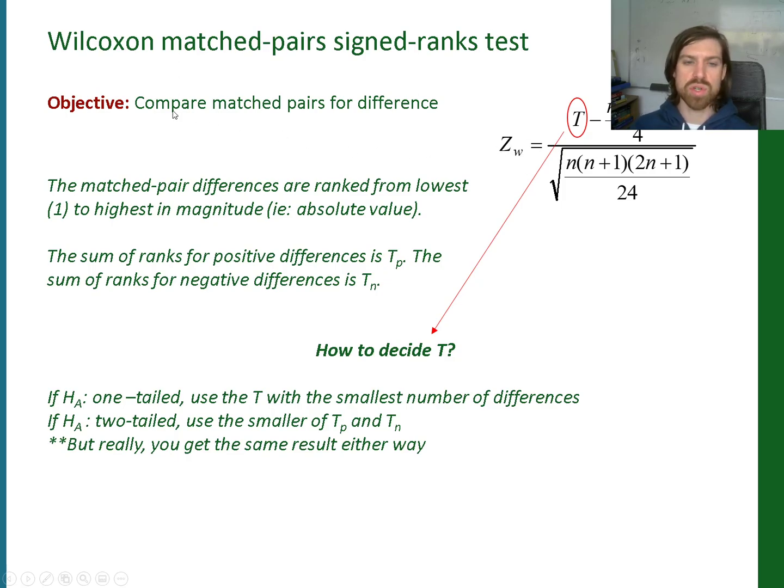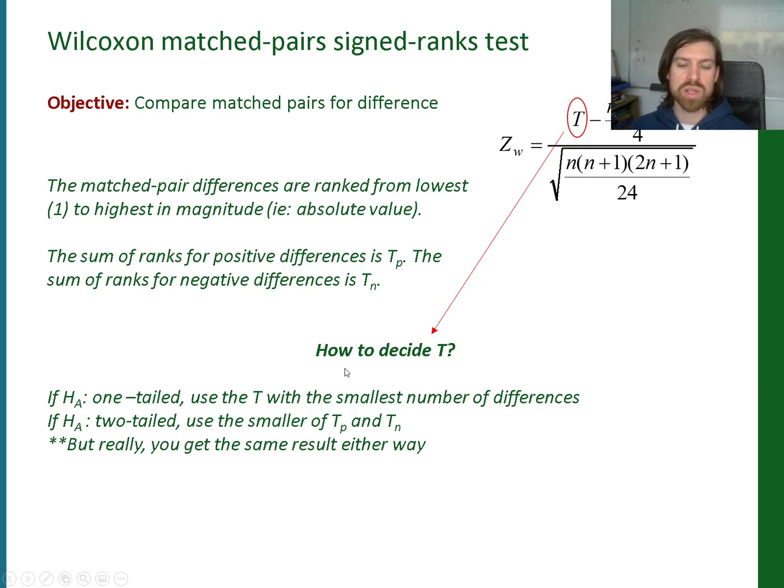So essentially what we're trying to do here is compare matched pairs for differences when you've got data that don't conform to the parametric based procedure. And the issue is that we need to obtain this T_P and T_N value. So this is the T, it's the sum of values which are positive for the rank, and the sum of values which are negative for the rank, and I'll show you how we do that in a bit.